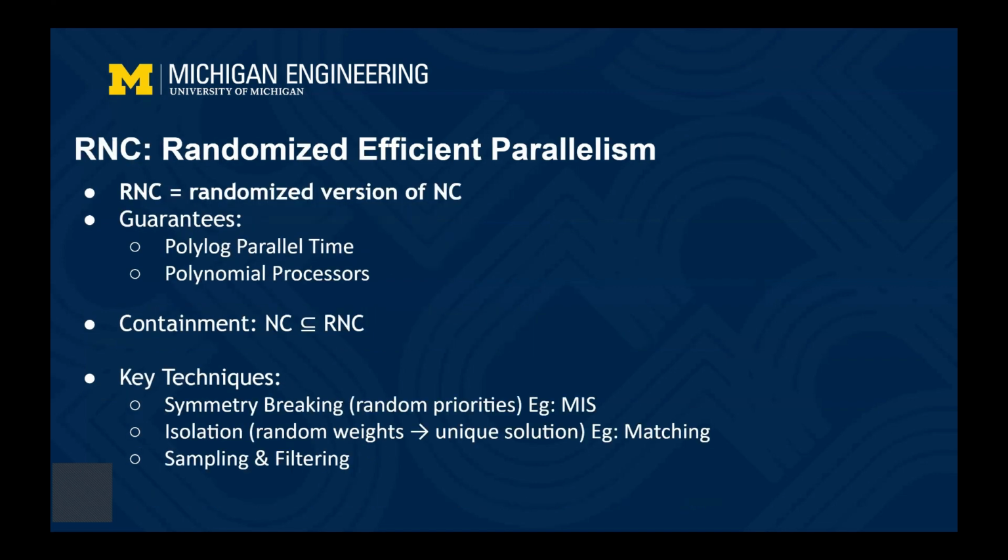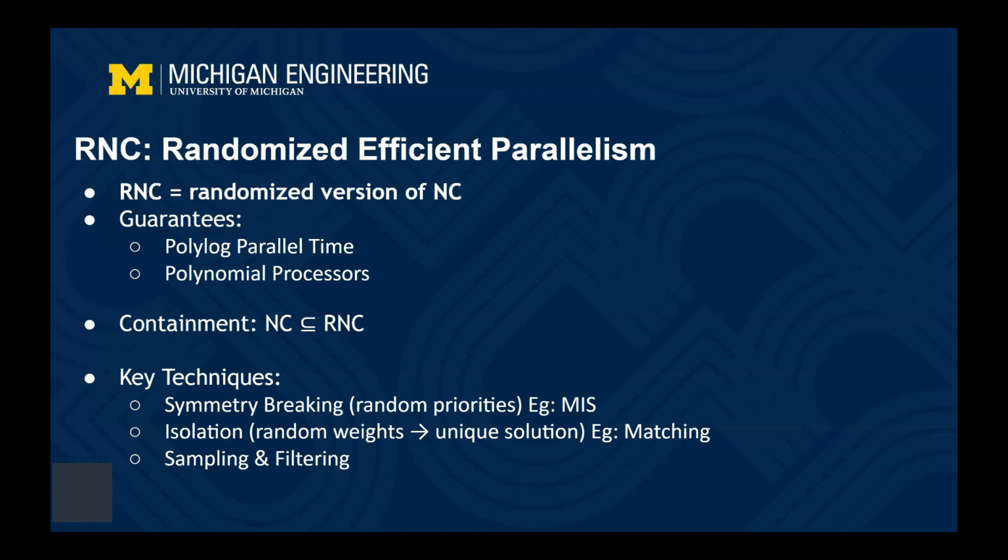Formally, this leads to the class RNC, which is the randomized analog of NC. Like NC, we still require efficient parallel computation, polylogarithmic time, and polynomially many processes. The difference is that the algorithm is allowed to use random bits and only needs to succeed with high probability, or equivalently with bounded error. You can think of RNC as giving us a toolkit for problems where deterministic local rules are too rigid.